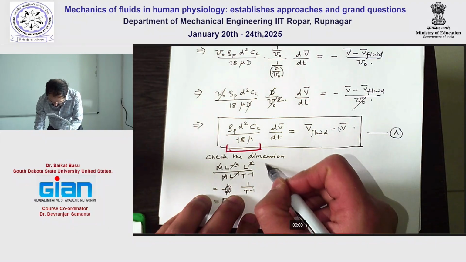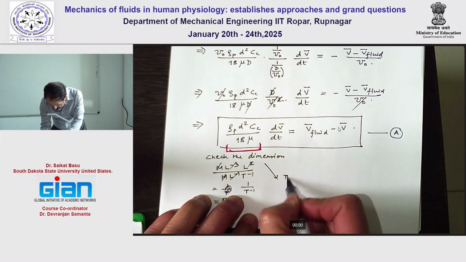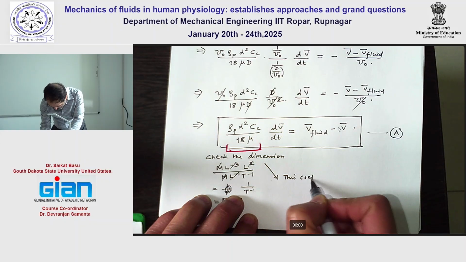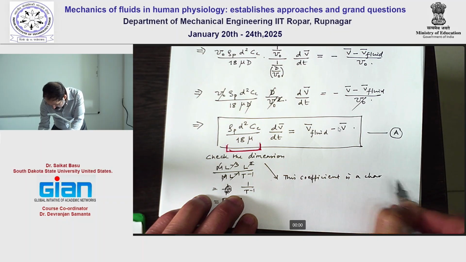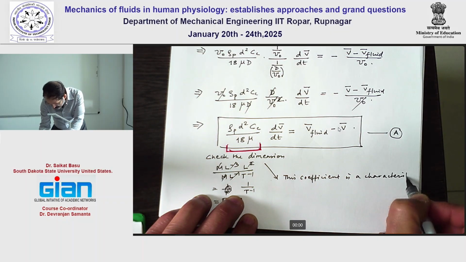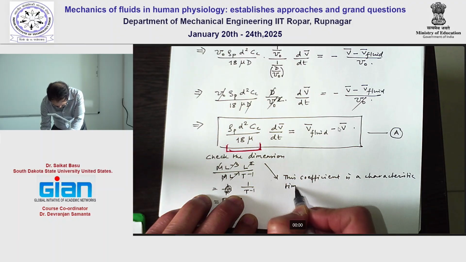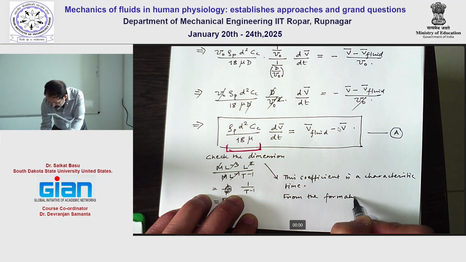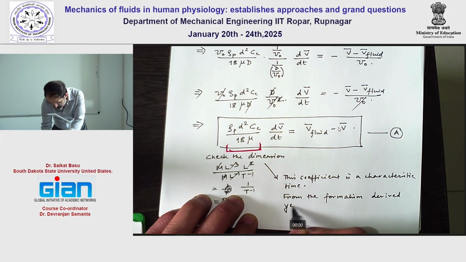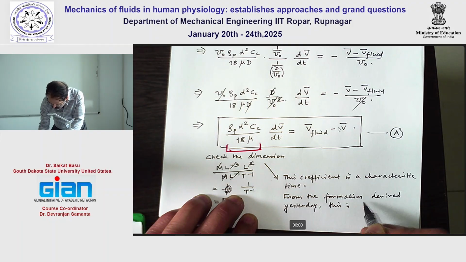So this coefficient over here is a characteristic time. From the formalism derived yesterday, this is tau, which is the particle relaxation time.